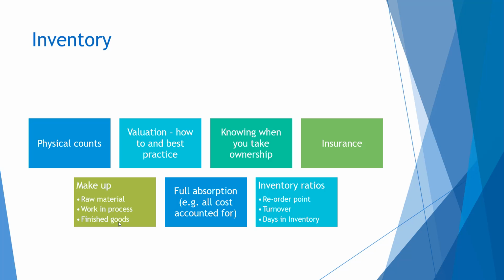You calculate that, and then you allocate that to the cost. So that's going to be the cost of the finished goods. That's what full absorption is saying: here are all these costs, we need to put them in here. Now, this concept is very important to understand, and I'm going to do a separate monthly training on cost accounting, and we'll go through this in more detail and walk through that process.